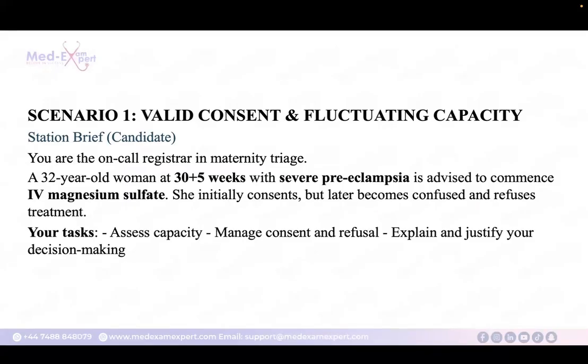And I say to you, yes, doctor, that's fine. Whatever is best for me, can you give that to me? Whilst you are preparing, you come back and I say to you, doctor, what are you doing? I'm not going to take this medication. So, how are you going to convince me to take this medication? Initially, I agreed, but then I refused. So, how are you going to take this further with me?